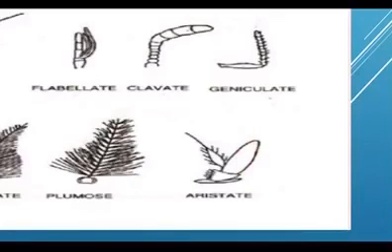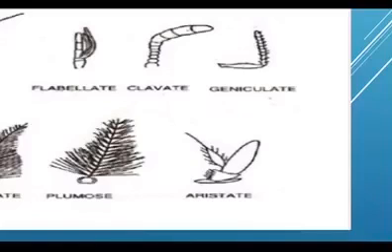Here the flagellum is undivided, but the second segment is situated at a different angle on the first segment, and the antenna looks as if it is branched. The arista or the second segment may have hairs which may be small or large in size. This type of aristate antenna is also found in tsetse fly.